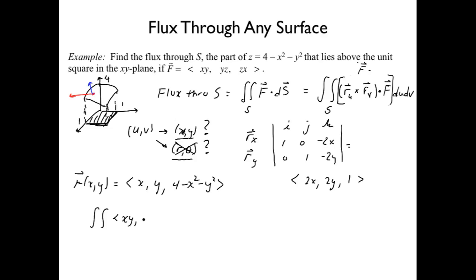So it's going to be y times 4 minus x squared minus y squared, and same thing again, 4 times x squared minus y squared times x, dot 2x, 2y, 1, dx dy.